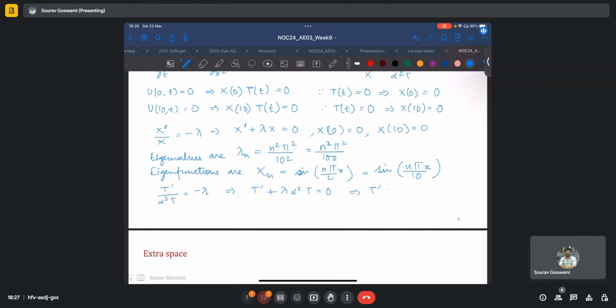So T prime plus n square pi square by 100 alpha square T is equal to 0. And well, this is a pretty straightforward ODE to solve. T turns out to be e power minus n square pi square by 100 alpha square t.